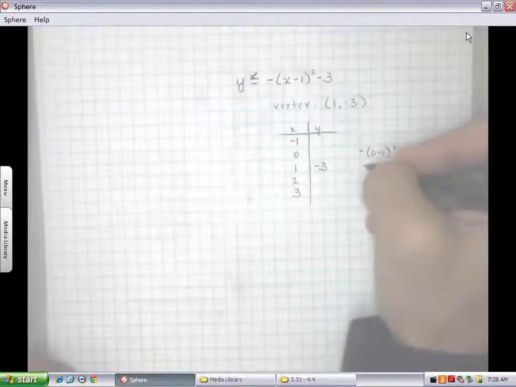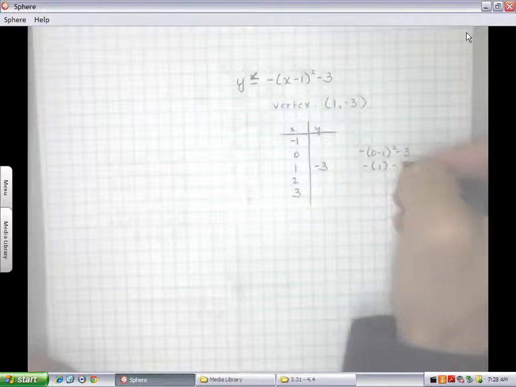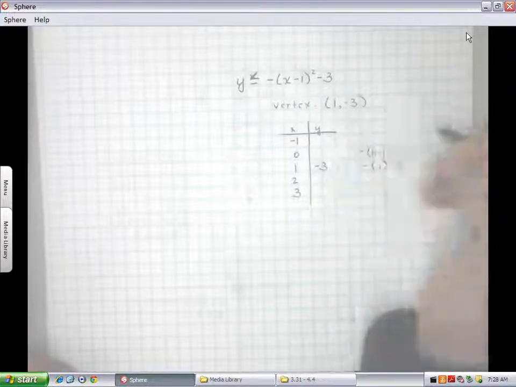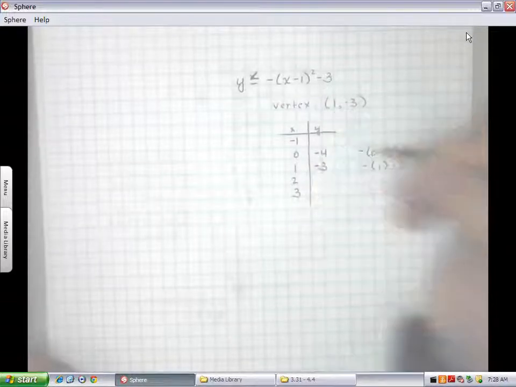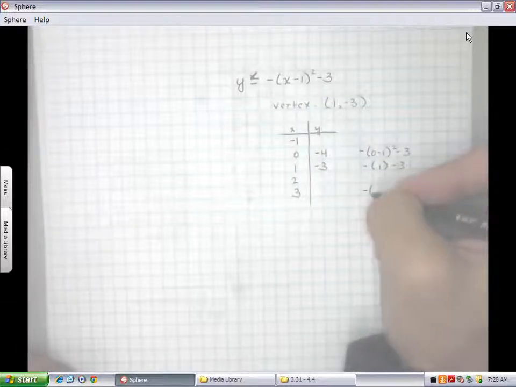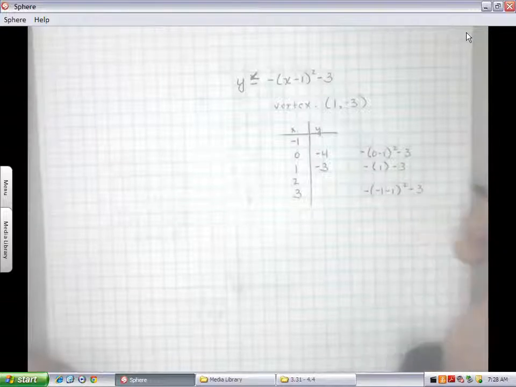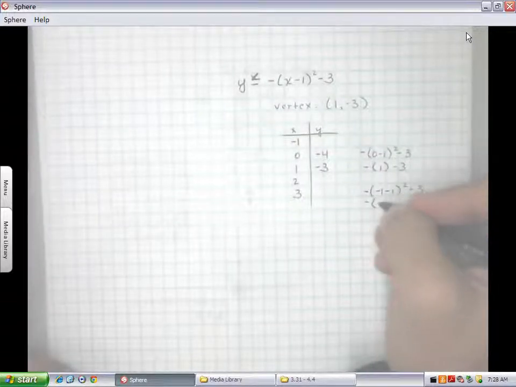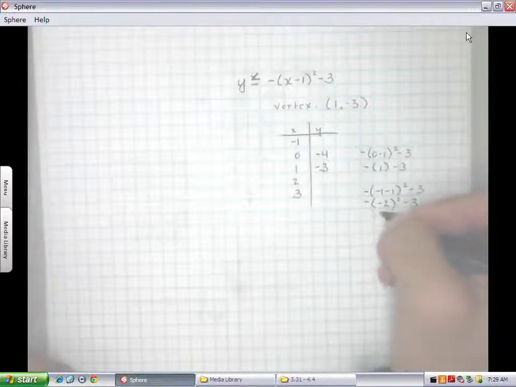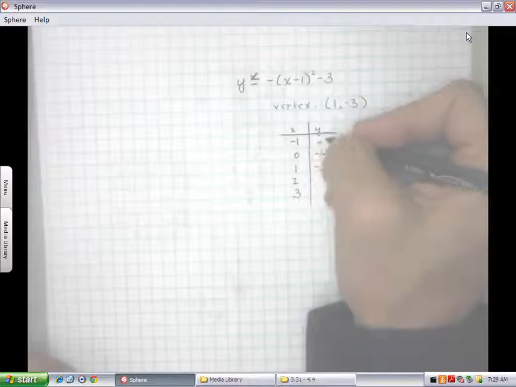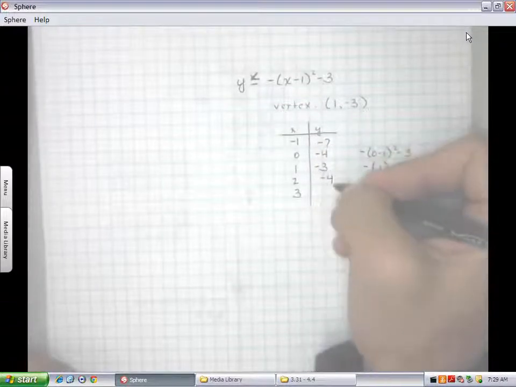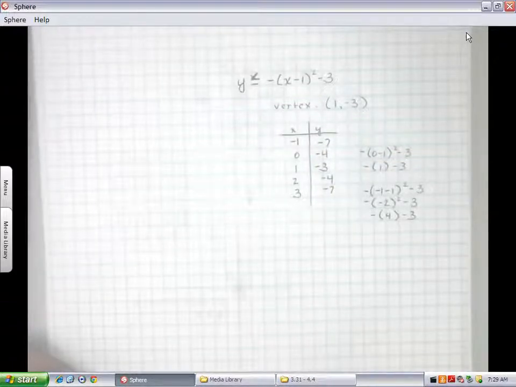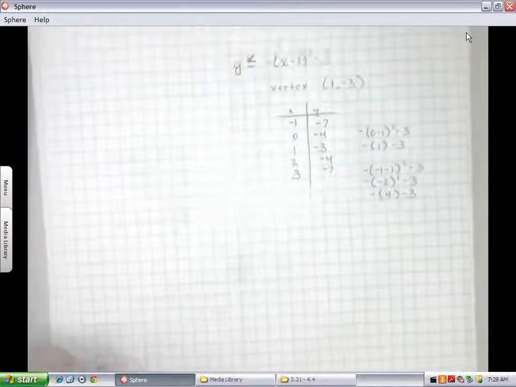So that's going to give me negative 1 minus 3, which is negative 4. Be very careful with these order of operations, especially with that negative out in front. So this is negative 2 squared minus 3, so this is negative 4 minus 3, which gives me negative 7. And then on the other side, I get the same values because in this case, 1 is in between 0 and 2.